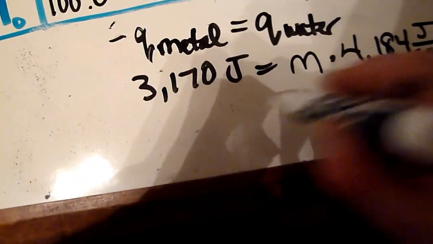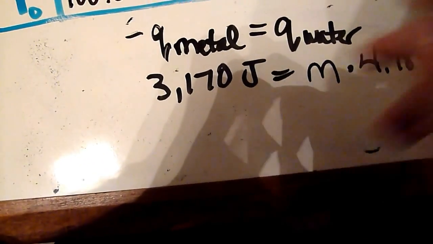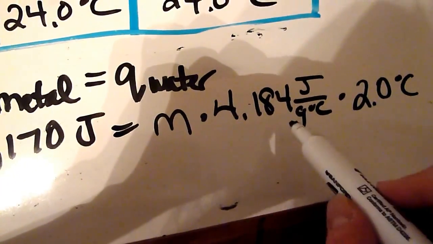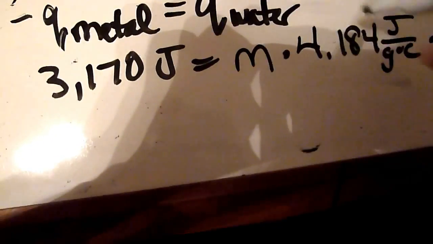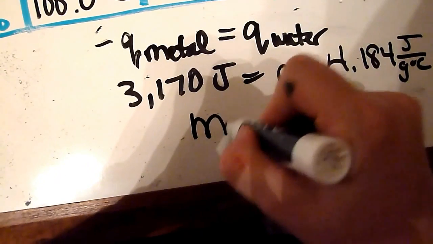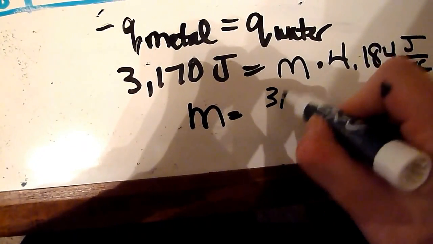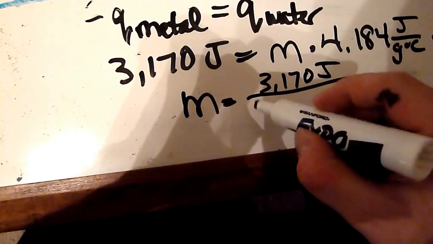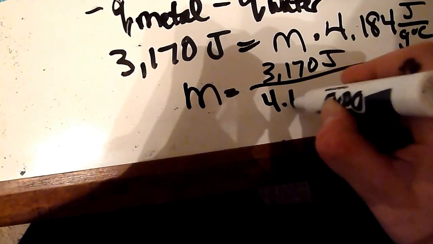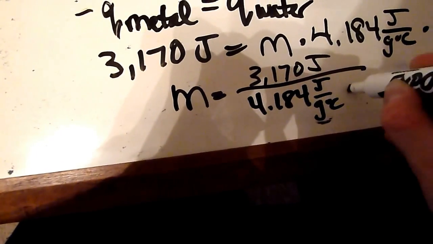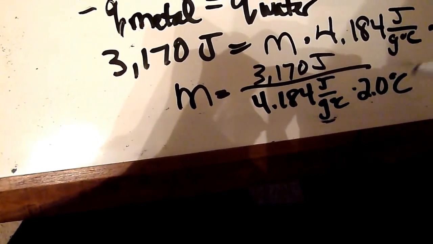So here I would, so Q of the water is equal to mc delta T for the water, which I just substituted in here. Then I would solve for the mass of the water by dividing 3,170 joules, 3 significant figures there, by 4.184 joules per gram degrees Celsius times 2.0 degrees Celsius.